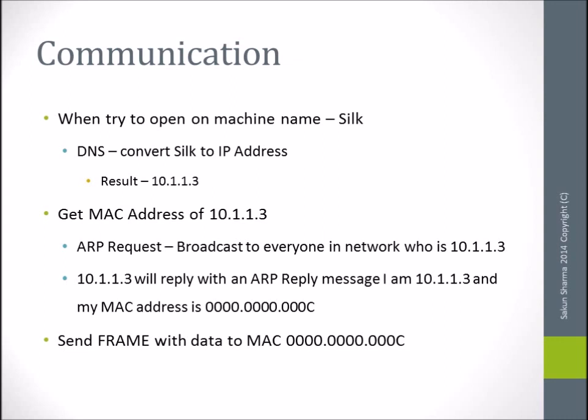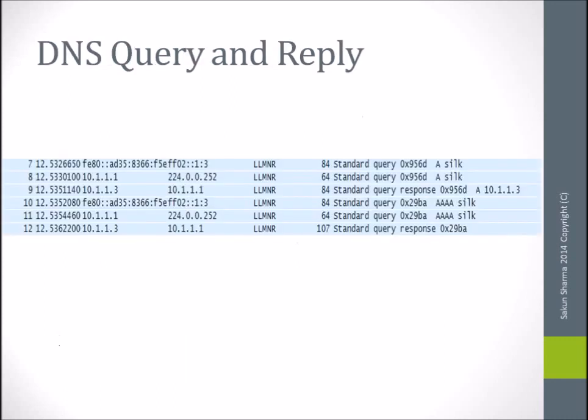So with the help of DNS, it will convert its name to its IP address. DNS will reply back with its IP, which will be 10.1.1.3. As you can see in the packet capture, machine Sakun has sent a DNS query to the DNS server to get an IP address for machine Silk. DNS replies back with its IP address, which is 10.1.1.3.